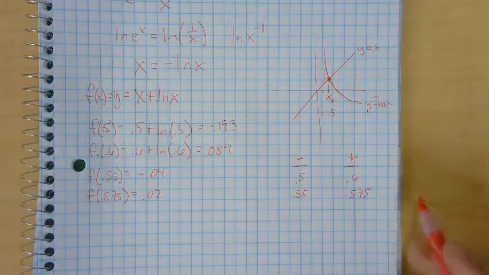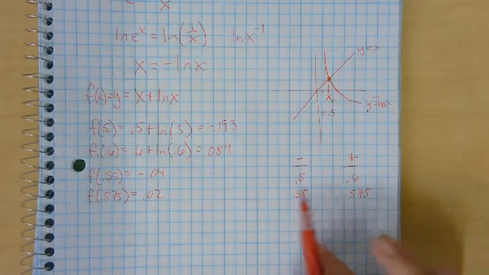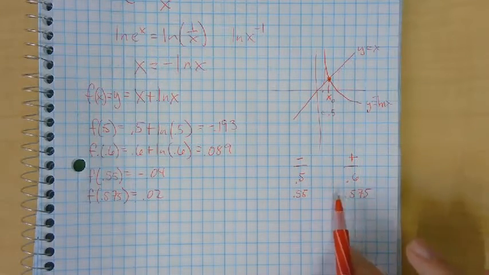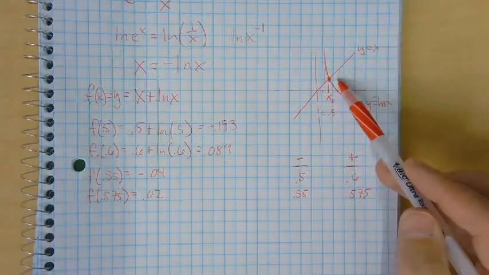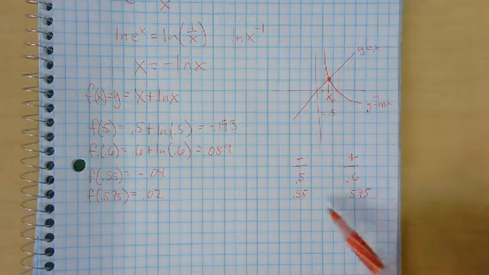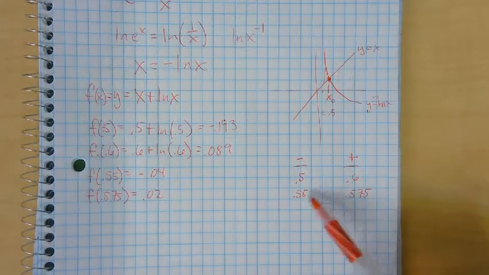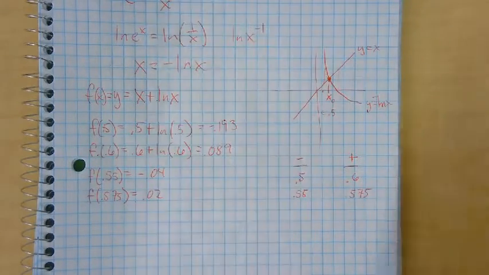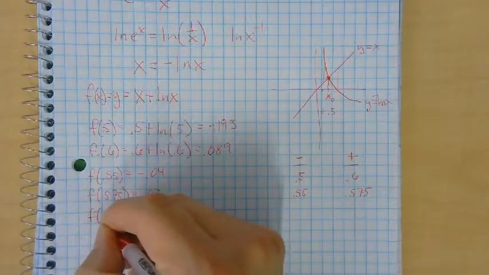All right, so see now what I'm doing here is kind of like picking numbers and then seeing whether they're on this side or this side. And the more I do this, the more accurate I can get. All right, between those two is 0.565. So let's check where that one is.